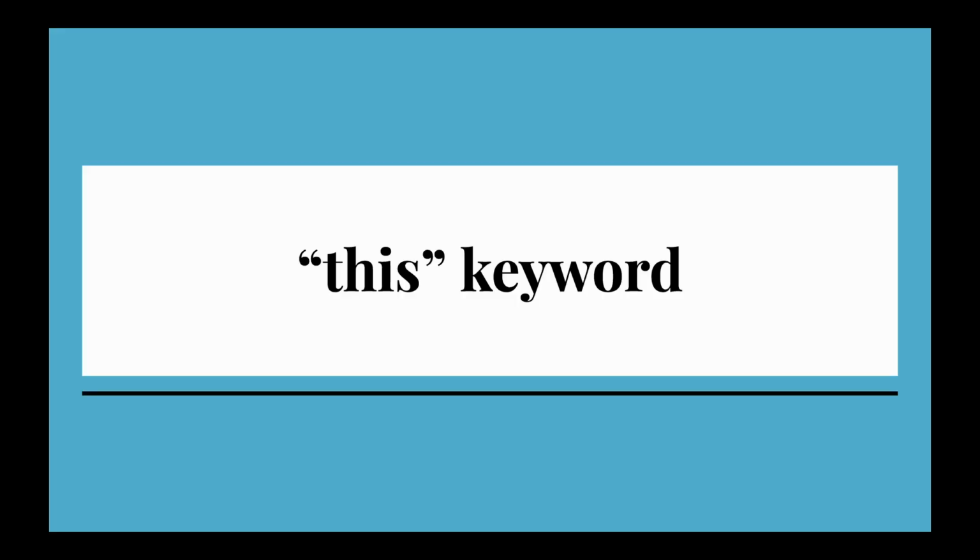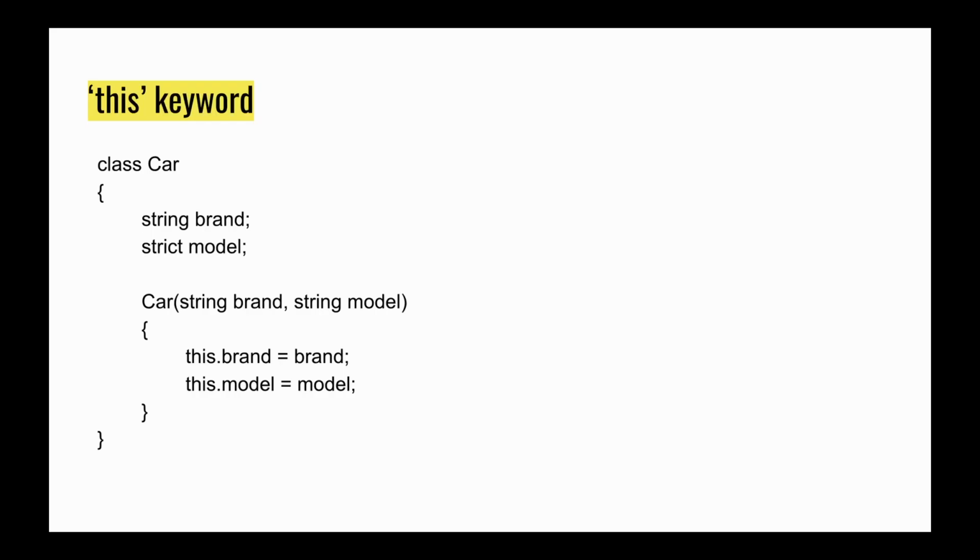Okay, it's time to mention one more interesting thing that we can use inside a class. It's the this keyword. The this keyword is a reference to the current instance of the class. Let's see in what situations we can need it. For example, the parameters in the constructor are named the same as the class fields.